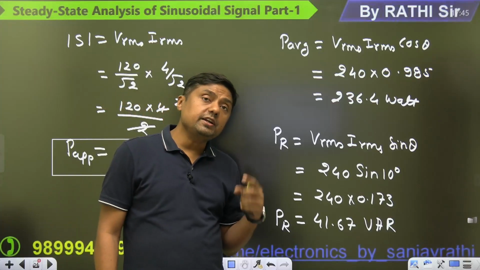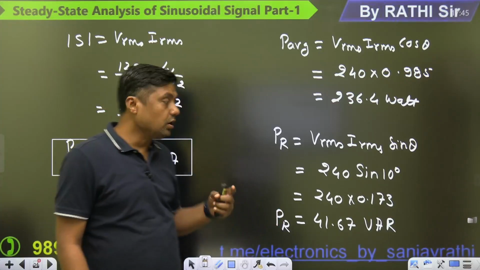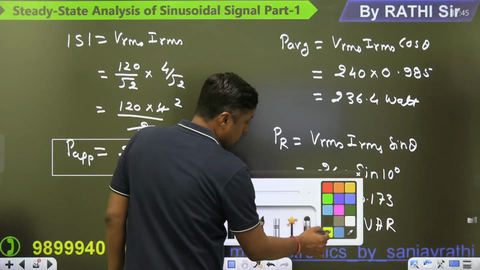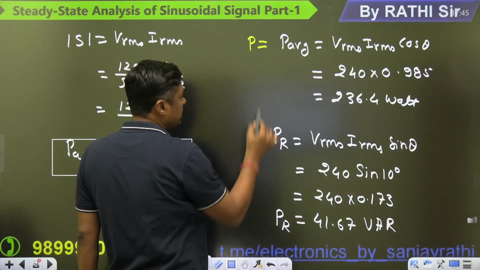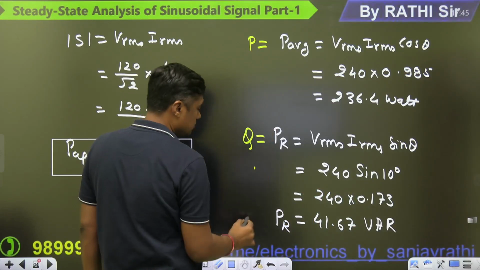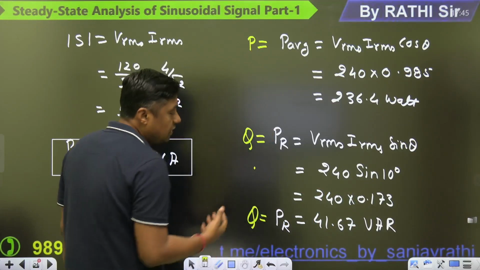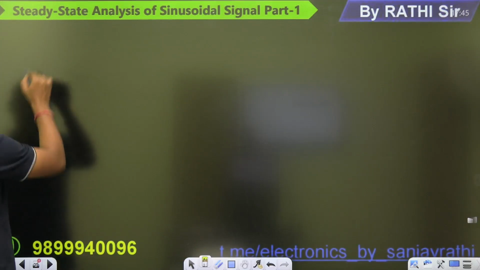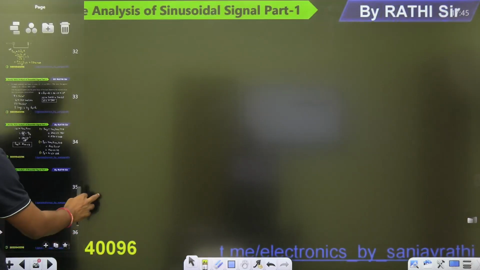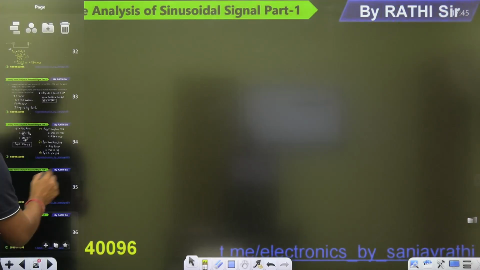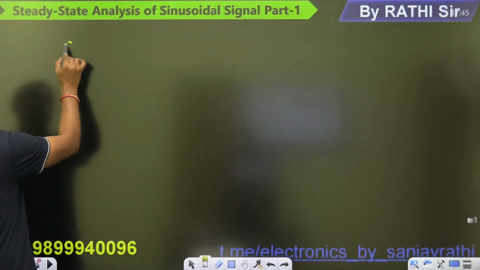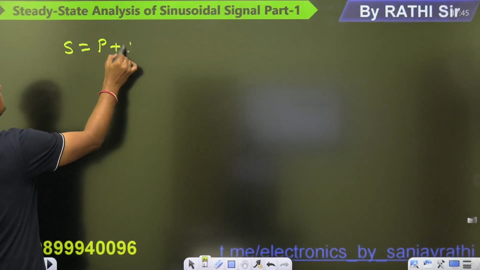Now if it is an inductive circuit, try to understand. This is P, the average power, and this is Q. Now we have the values of P and Q, and that's why you can write S is equal to P plus jQ.